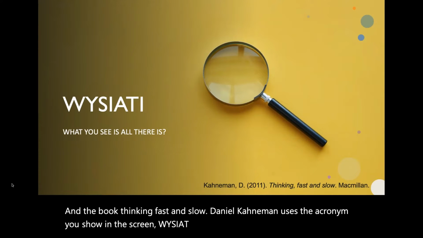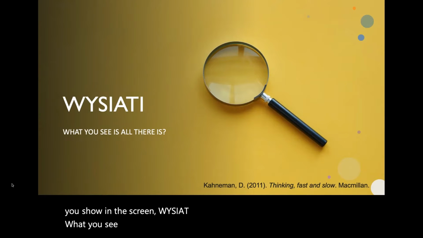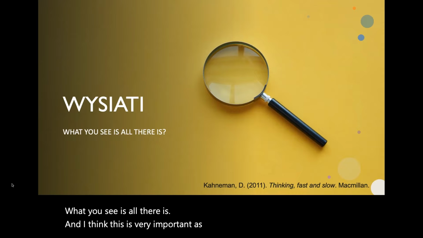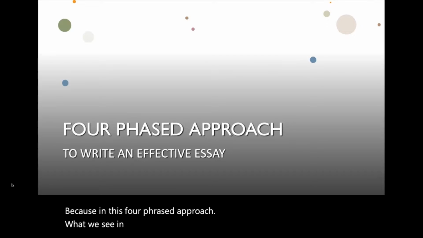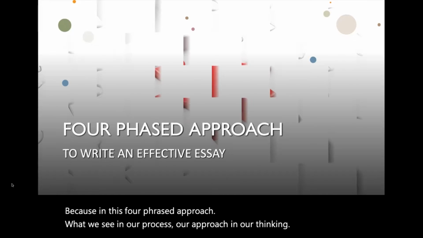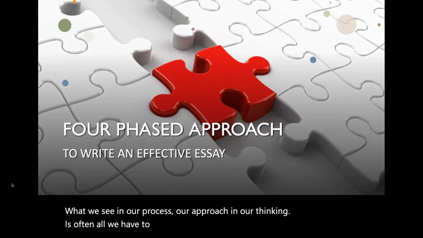What you see is all there is. And I think this is very important as it relates to outlining. Because in this four-phased approach, what we see in our process, our approach, and our thinking is often all we have to make an assessment off of.